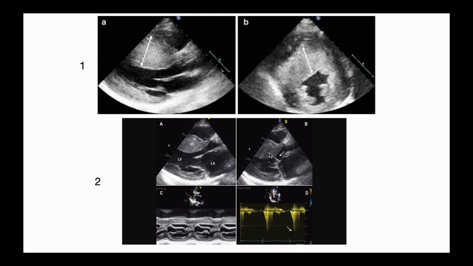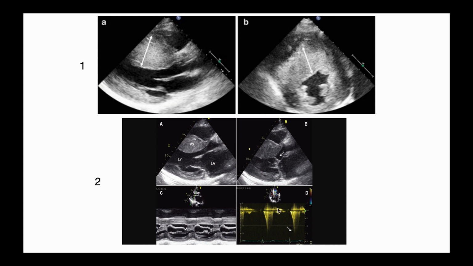So you see how the hypertrophied septum obstructs the outflow of the left ventricle, and how the mitral valve has been pulled towards the septum. Then on C, we find the M-mode echocardiogram, which is showing prolonged mitral-septal contact during systole.